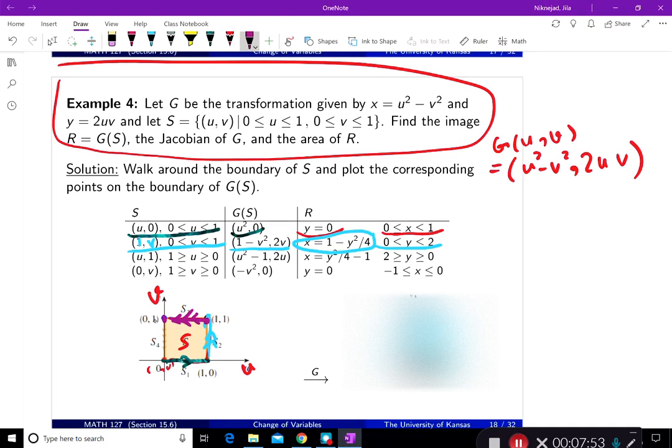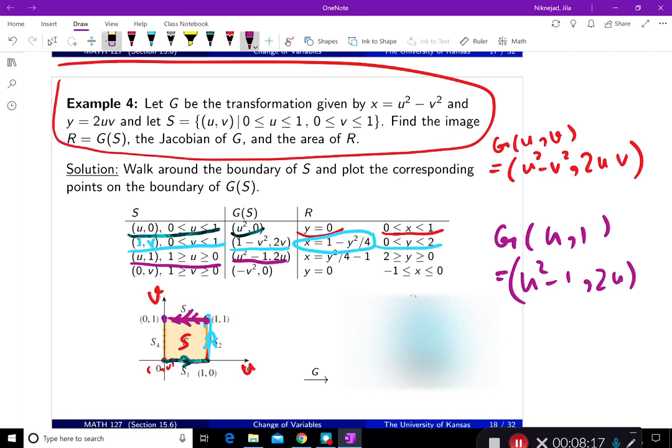Now, in either situation, we want to plug that into our G. So G of u and 1 is going to give me u squared minus 1 and 2u. Now what we want to do is eliminate u between x and y.